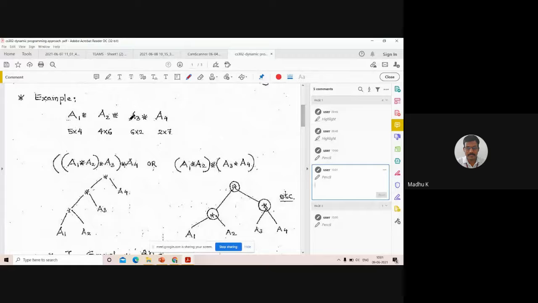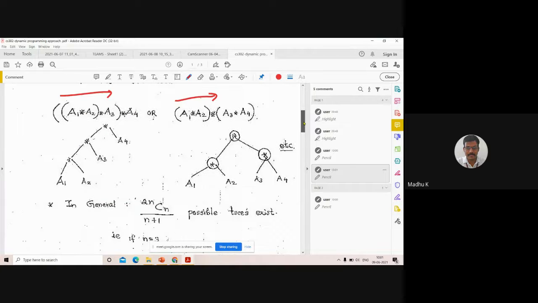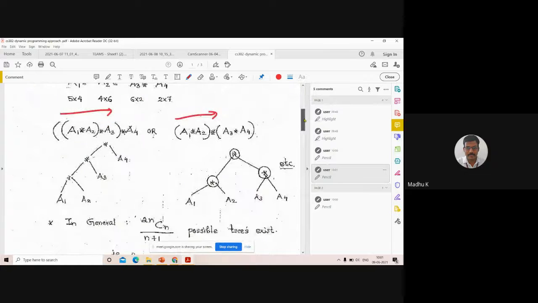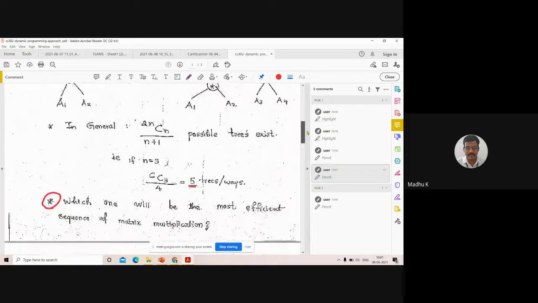In this case, there are 4 matrices, and these 4 matrices can be multiplied in different sequences. This is one sequence, this is another, etc. And each sequence will take a different number of scalar multiplications. That is very important.